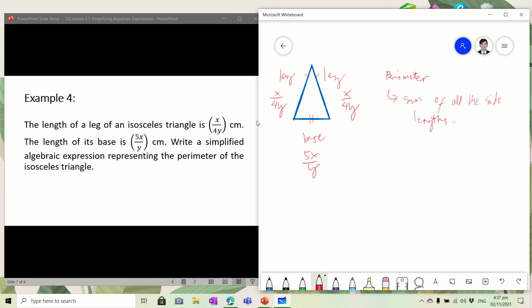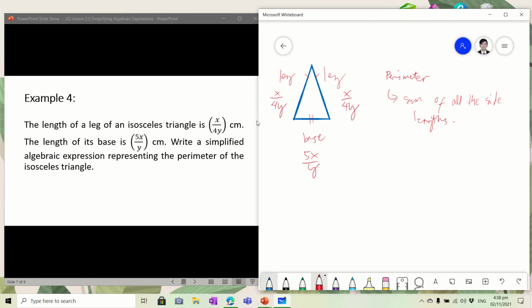So we just have to add all those three, and then we will get the perimeter, and probably there's a variable. So in other words, we will come up with an expression as our final answer, not a numerical value, since there are unknown values here represented by the x and the y.